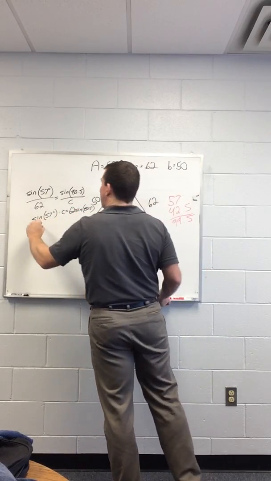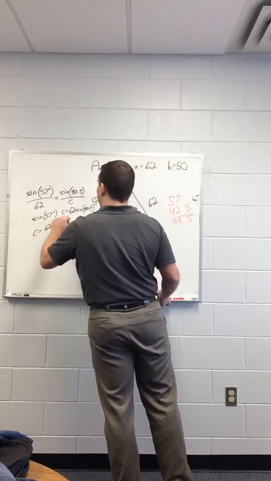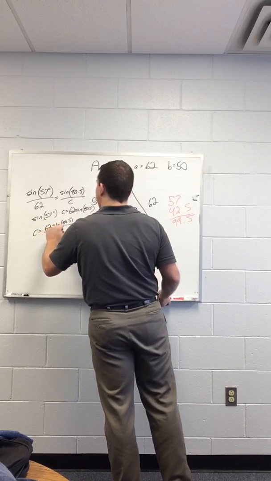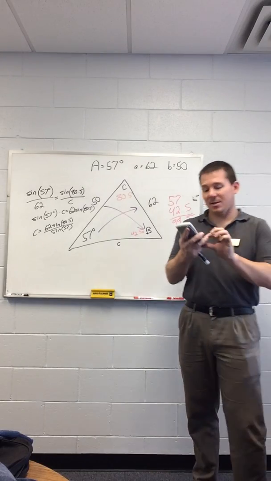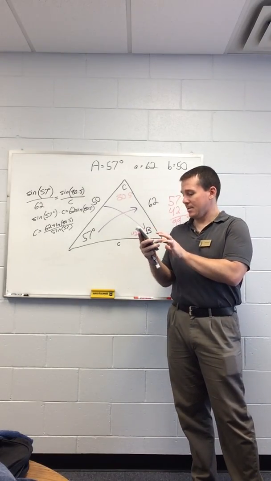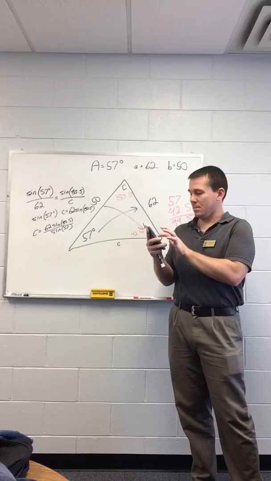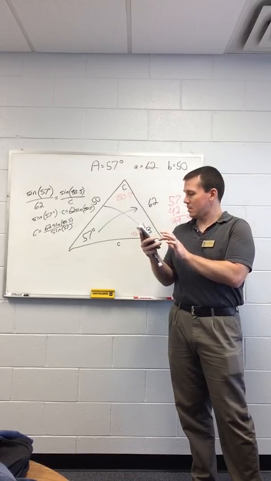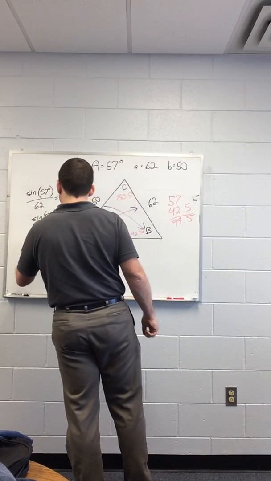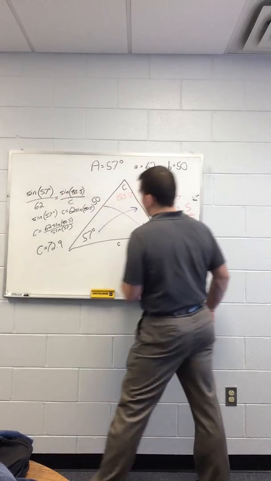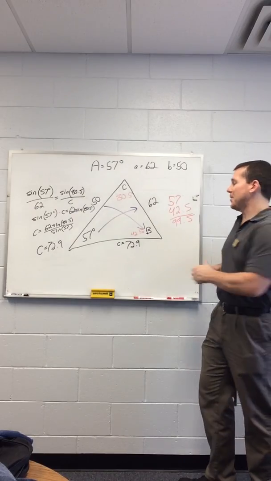Now divide by sine 57, so c equals 62 times sine of 80.5 all over sine of 57. Now throw it into your calculator and get an answer. And I get 72.9. So c is 72.9, and now we've completely solved the triangle.